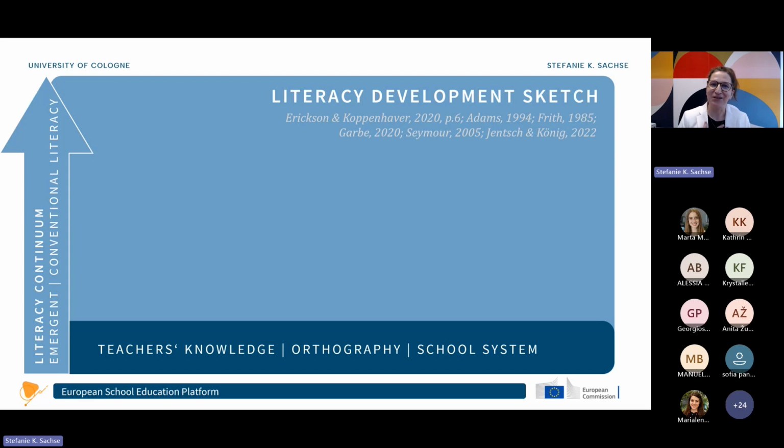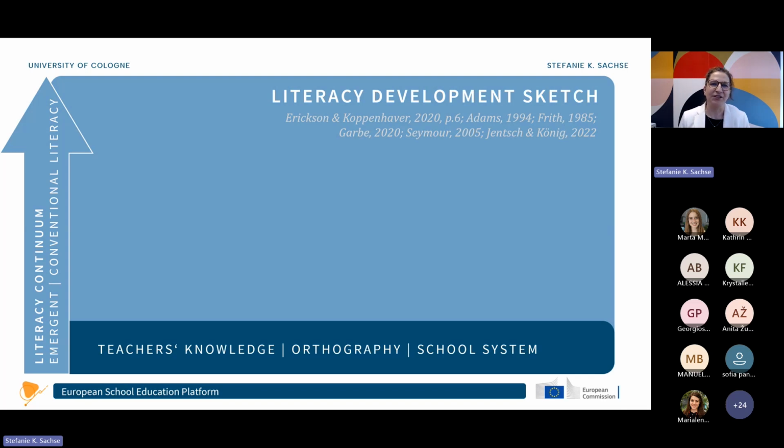Like when I teach my university students how to read or write scientific papers, or it might be important for new teachers to learn how to write an individual education plan. So we are learning how to read and write better, and how to read and write different texts in different contexts and so on.